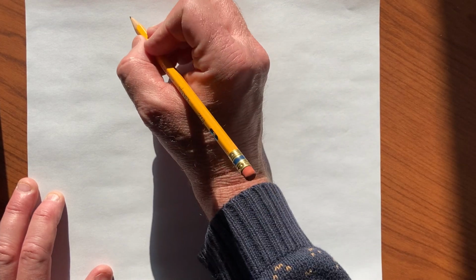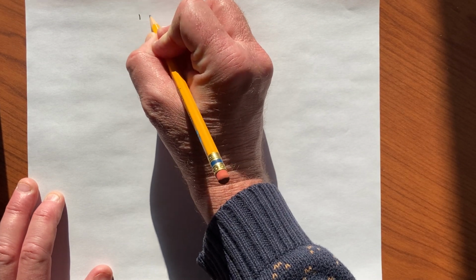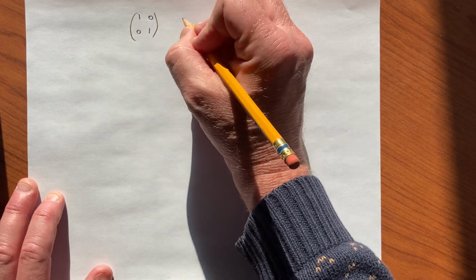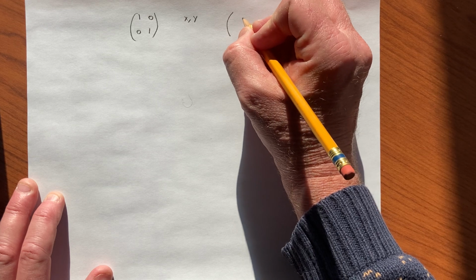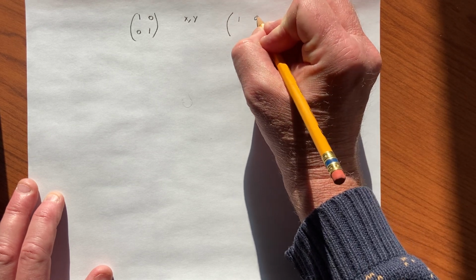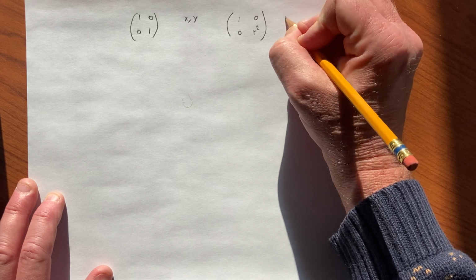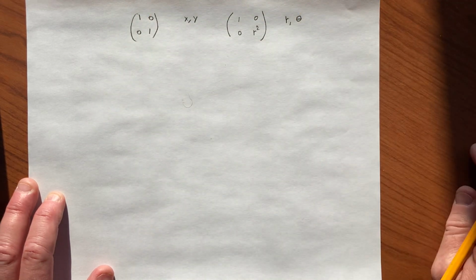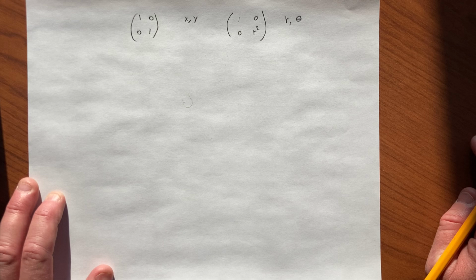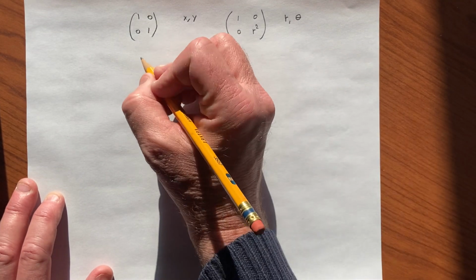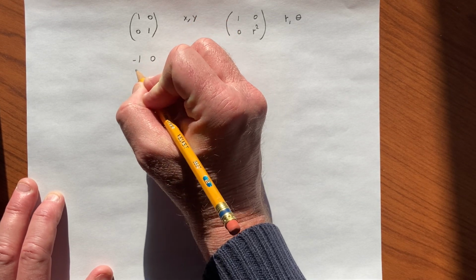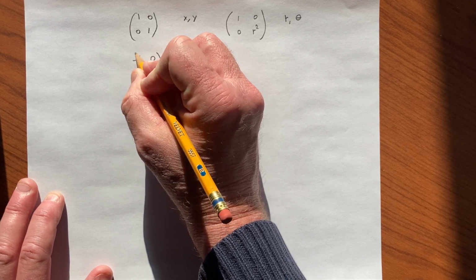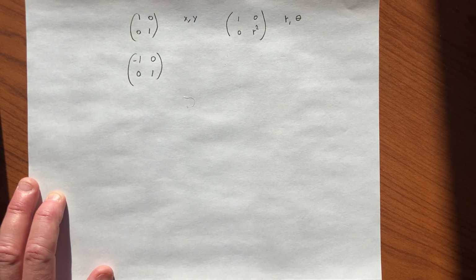So the 1, 0, 0, 1 for the metric in x, y coordinates, as well as the 1, 0, 0, r squared for r, theta coordinates. Both of these metrics describe a flat space. And for space-time, we saw that a flat space-time was described by a metric with these components.